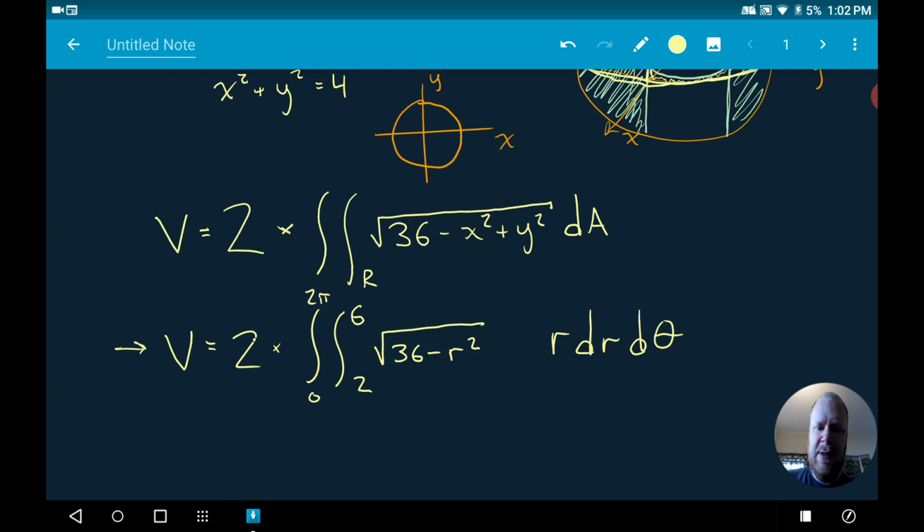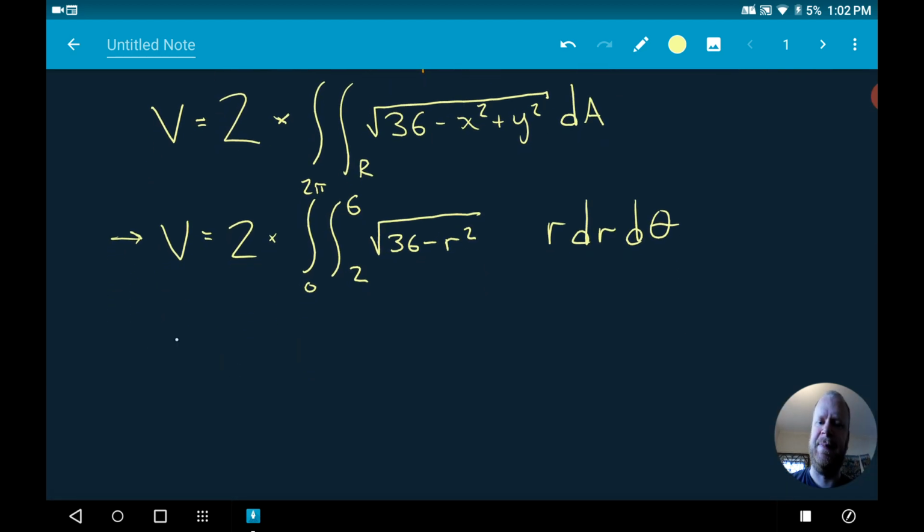It is looking like cylindrical coordinates is what we're going to have to do for this one. I don't think this is going to be particularly fun to integrate. Let's see, times r. Oh, I suppose you could do it. This is a u substitution.